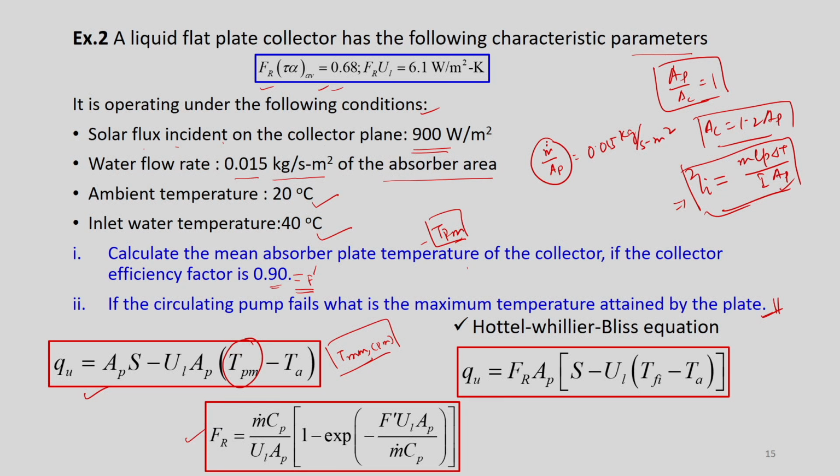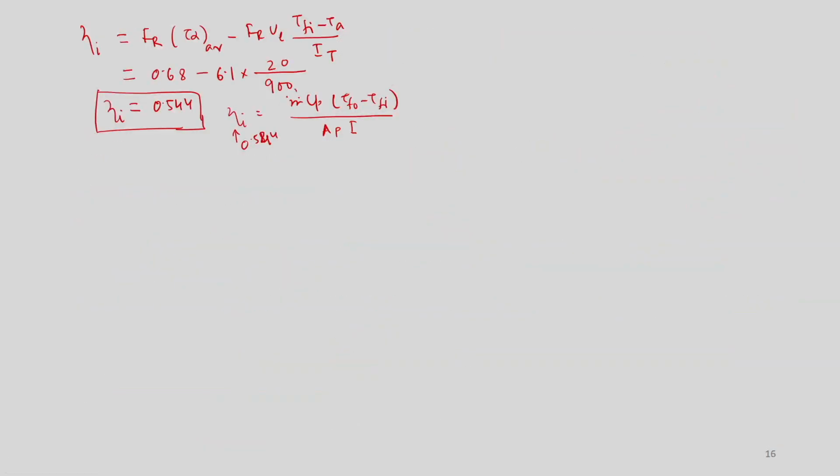We can put a dot here because it is a flow rate. So, this value is 0.015, TFI is given as 40 and I is 900. On substitution, what we can calculate is TFO, which is found to be 47.8 degree Celsius.